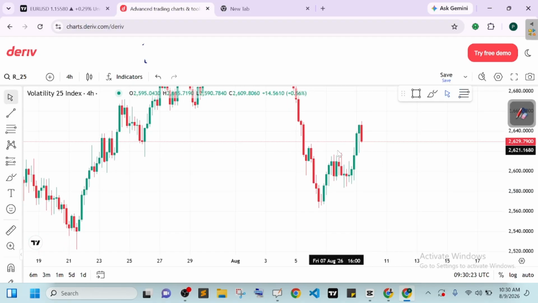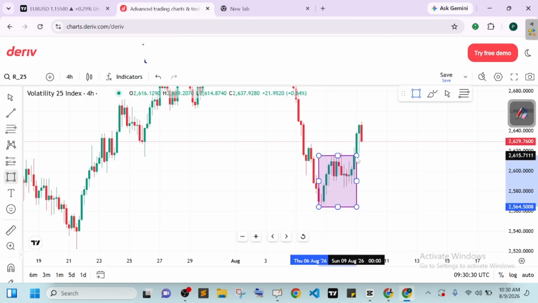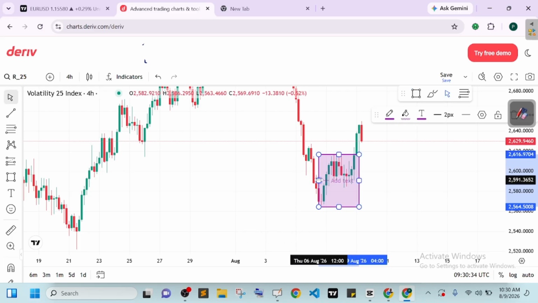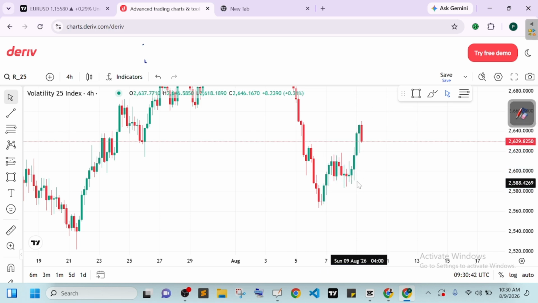If you notice this, you can see that this level before is our range. I mean, this level and this level is our range. So let's place Fibonacci retracement on it.